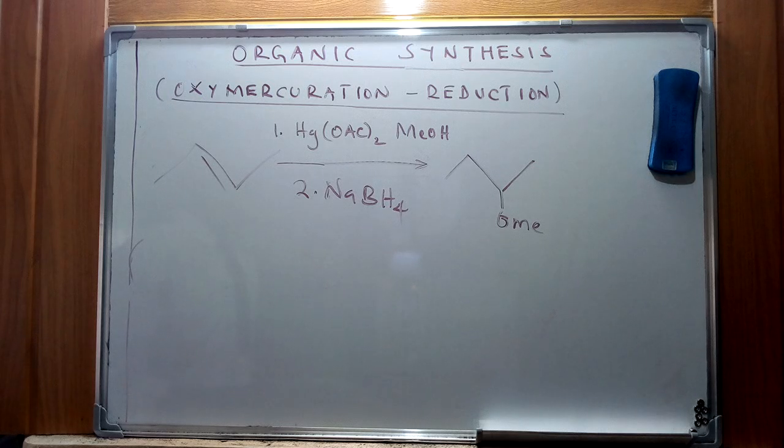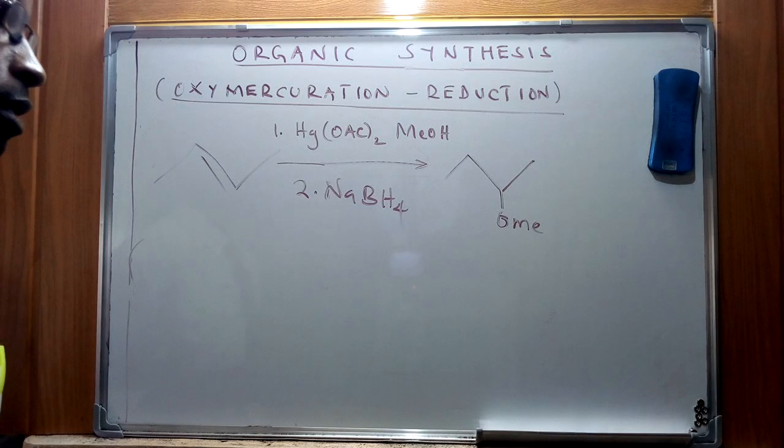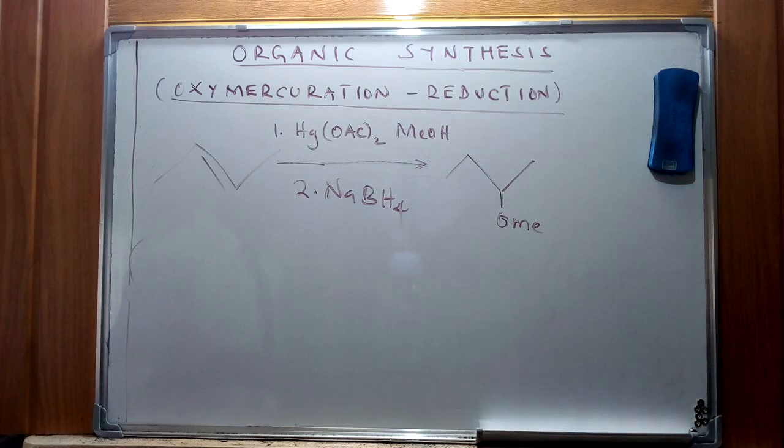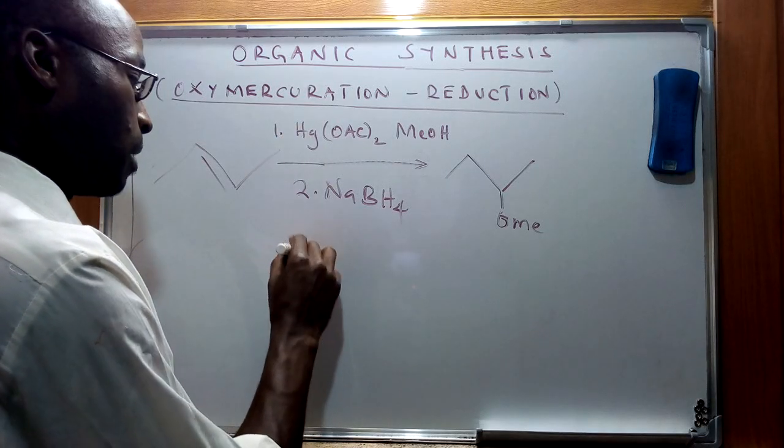So the concept of oxymercuration comes in handy as a way of achieving a specific end product whenever we are performing some of the reactions in organic synthesis, as we have just illustrated. From this, we are also going to look at different mechanisms that are involved. We have talked about organomercury.